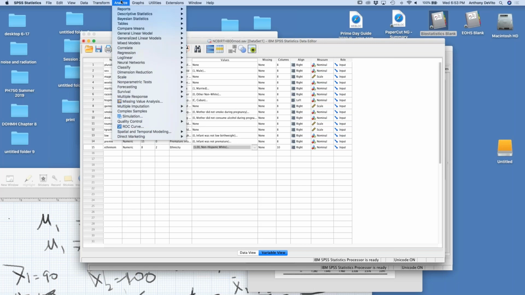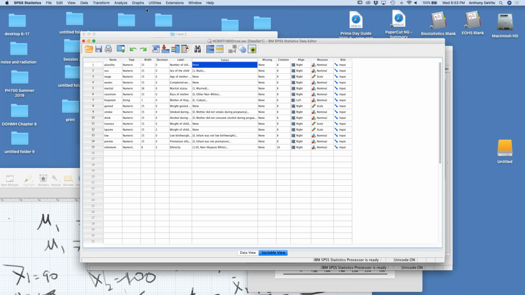Our alternative hypothesis for the analysis of variance is that at least two of those means are different. Doesn't have to be all of them, just at least two of them are different. We'll worry about which two later. Right now, we just want to demonstrate that at least two of them are different from one another.